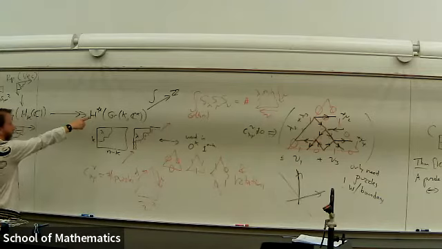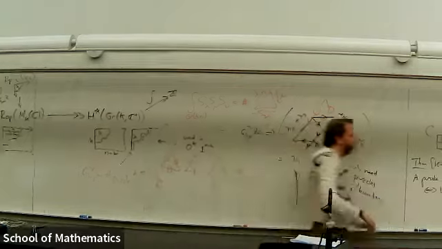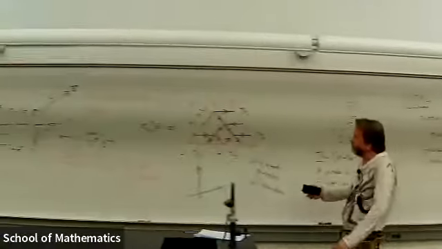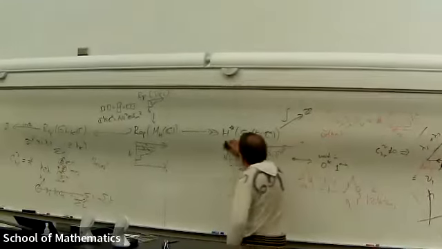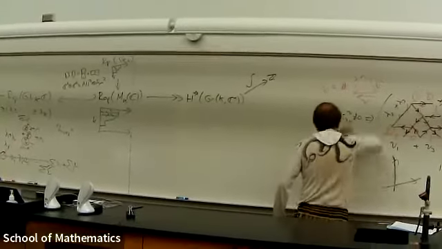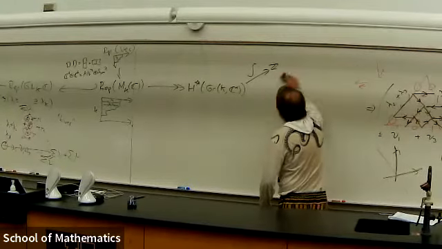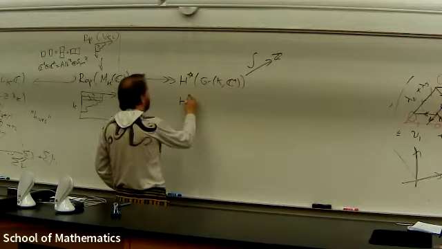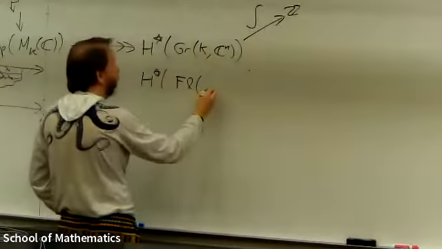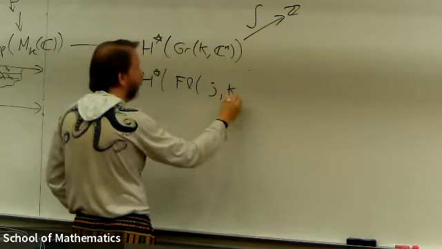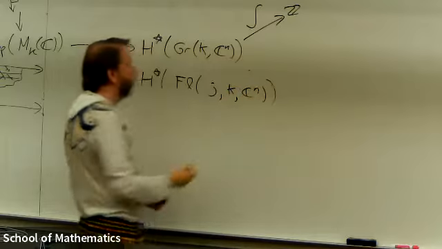So I want to generalize this question to a slightly harder one, but still apparently solvable. Which is to think about the cohomology of flags of a J plane inside a K plane inside Cn.